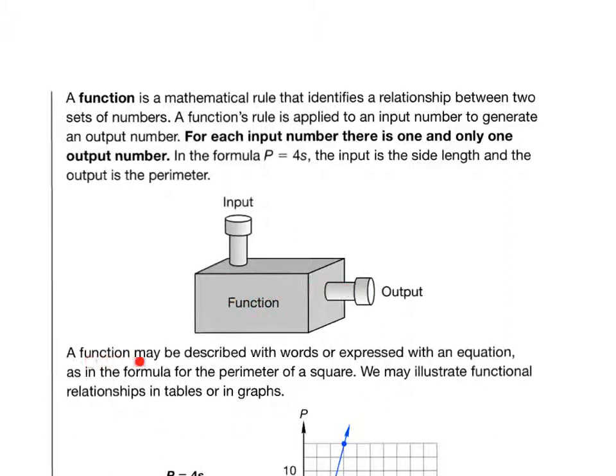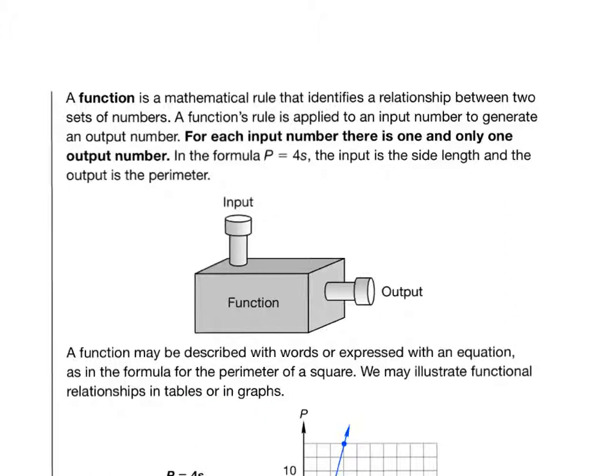A function is described in words, or it can be in an equation, and then we illustrate it with tables and graphs. So that's important. A function is described with words, it can be expressed as an equation, and then it is shown in tables and graphs.